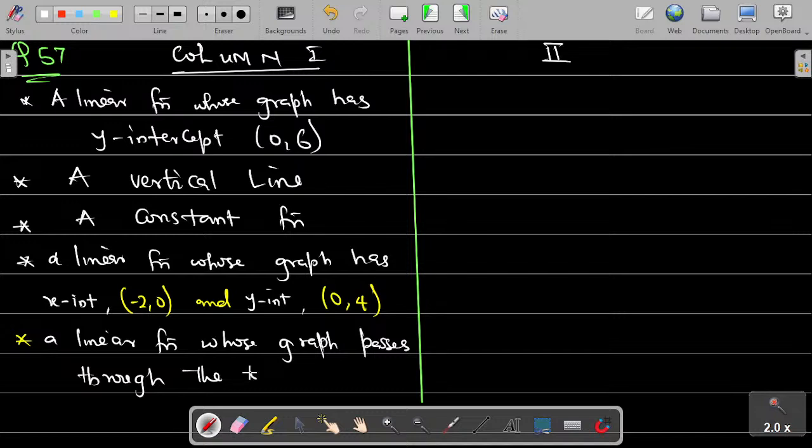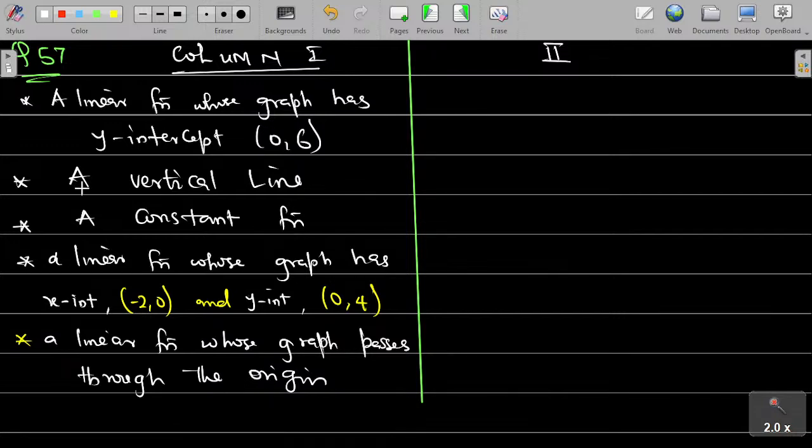Okay, whose graph passes through the origin. Okay, yeah, I think I can remove this to write the last one so that I wouldn't need to shift this up again. So the last one is a function that is not linear. Okay, that is not linear. Okay, so let's complete this.